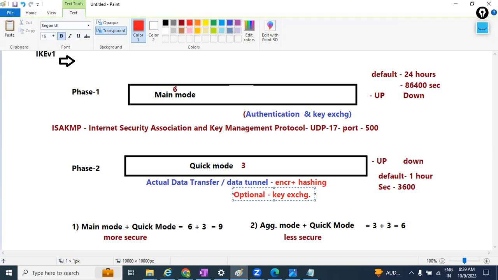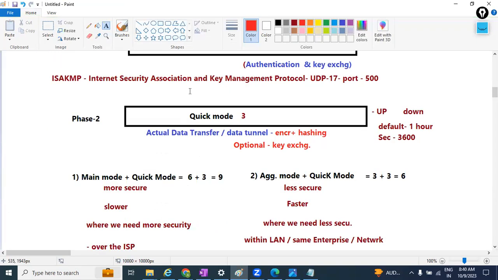This is about the optional. What happened? All good? Clear? So these are the major and important things about phase 1 and phase 2 here.